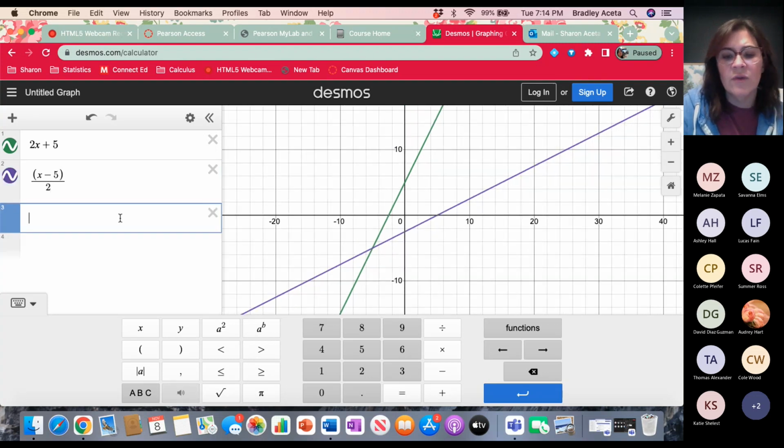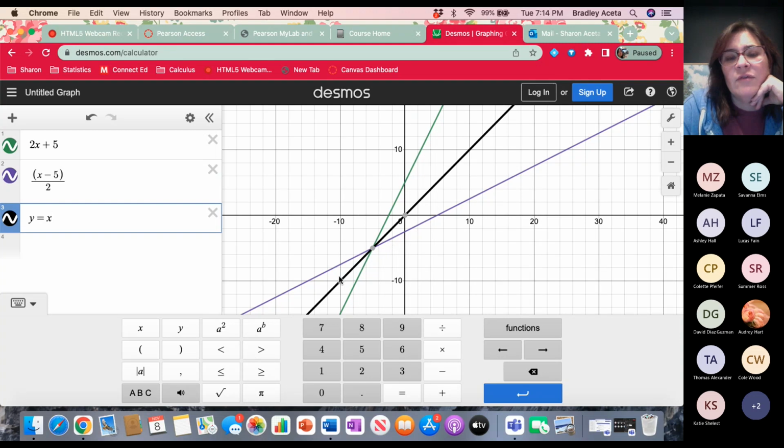If I actually graph the y equals x line, they should be able to flip over it, which they do. If I were to fold along this black line right here, this purple line would land on top of the green line. And so that's how you know you did it right. If you put them into Desmos and they look like they're flipping over this line right here in the middle, this y equals x line, which they are, they flip right over it.